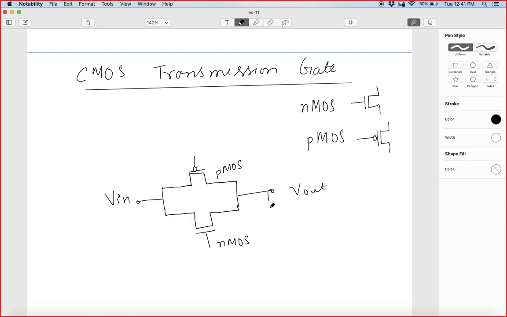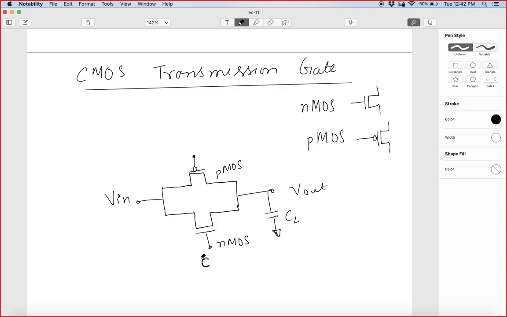Of course, there will be a capacitance, a parasitic capacitance, which comes from the gate of the next stage and also the capacitance from these devices. So CL.